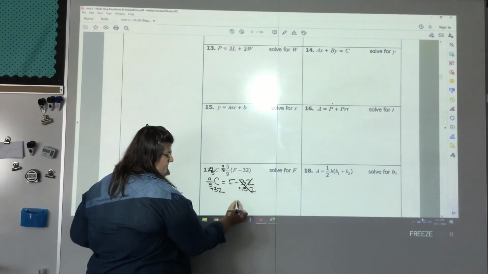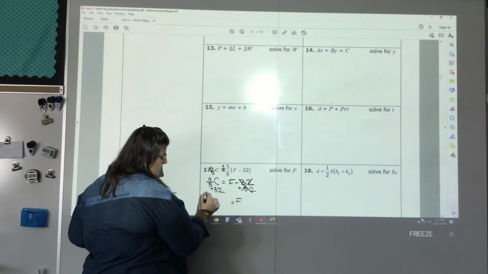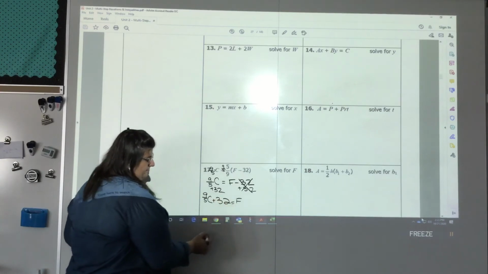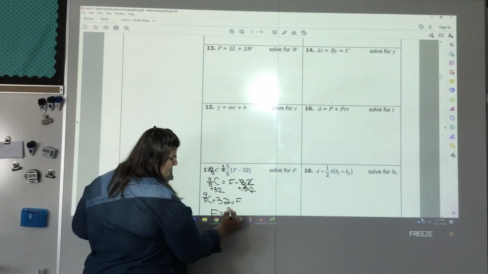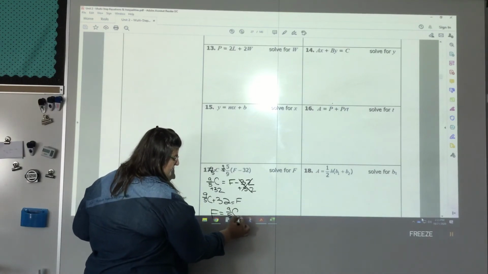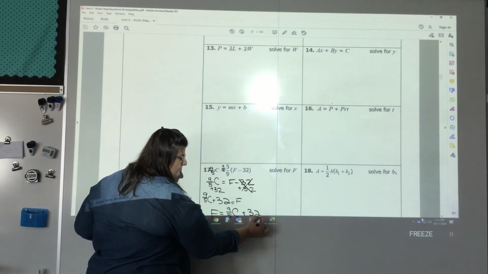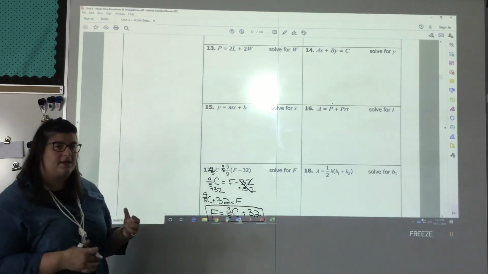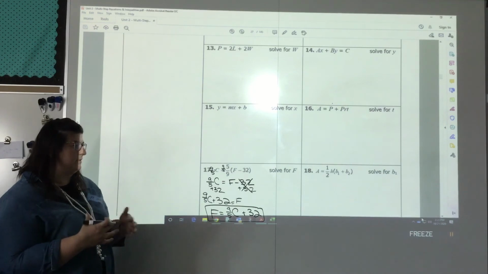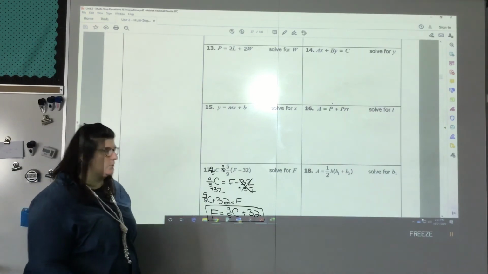Cancels it out here. 9 over 5 c plus 32. So to find Fahrenheit, I would take 9 over 5 times the Celsius, and I would add 32. It's really cool how we can manipulate equations and numbers to work the way that we want it to work.